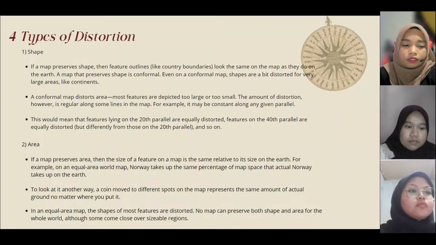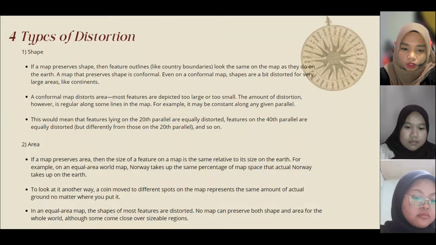To look at it another way, a coin moved to different spots on the map represents the same amount of actual ground no matter where you put it. In an equal area map, the shapes of most features are distorted. No map can preserve both shape and area for the world, although some come close over a sizable region.